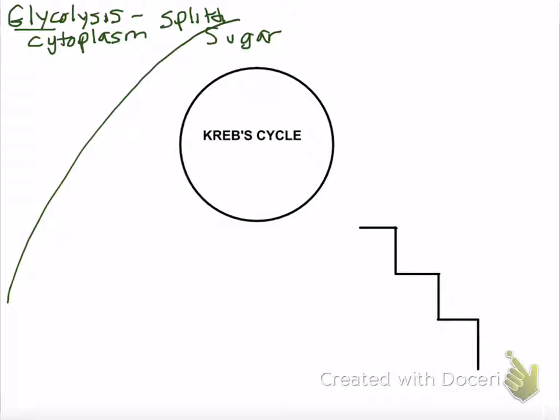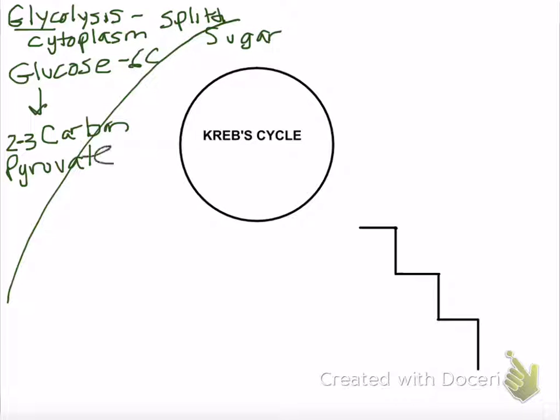So what we do in glycolysis is we take glucose and we're going to split it into, glucose is a 6-carbon molecule, and we're going to split it into 2 3-carbon molecules called pyruvate.